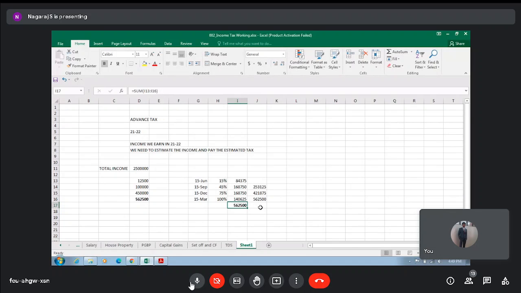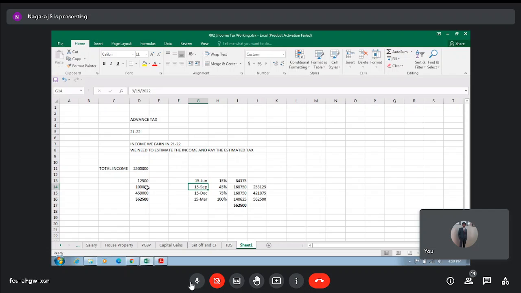If you total it, 562,500. That means on 15th June, you will have to pay 15% of total tax. On 15th September, 45% of total tax you should have paid. I already paid 84,000, so only the balance needs to be paid in the second installment.